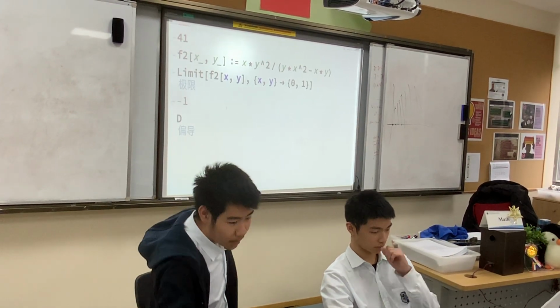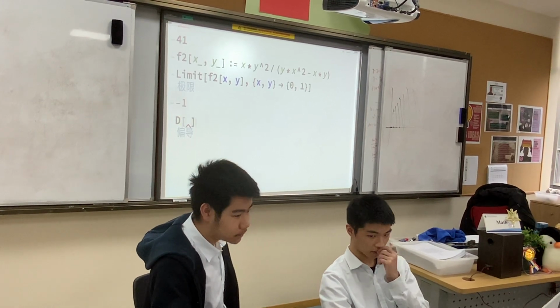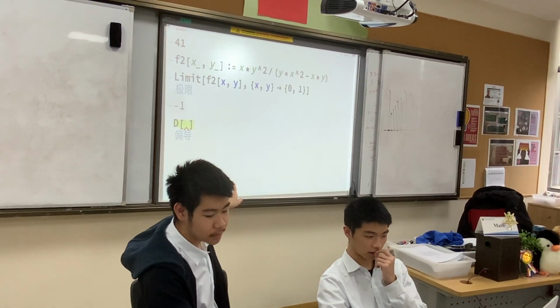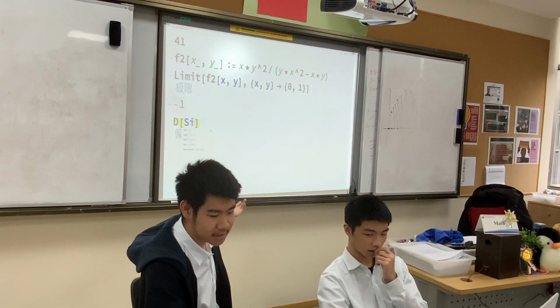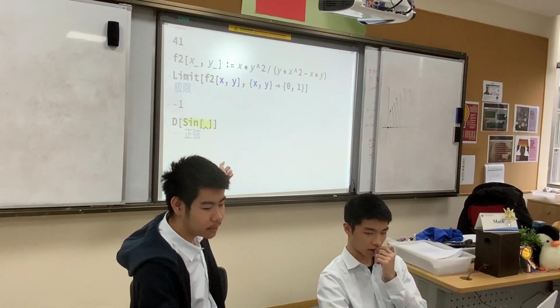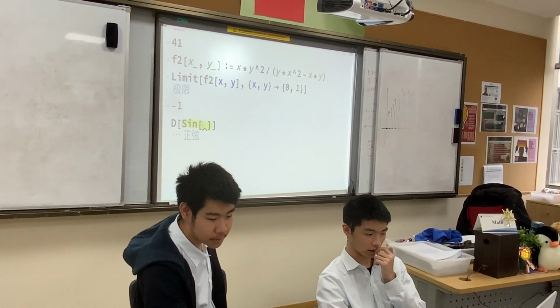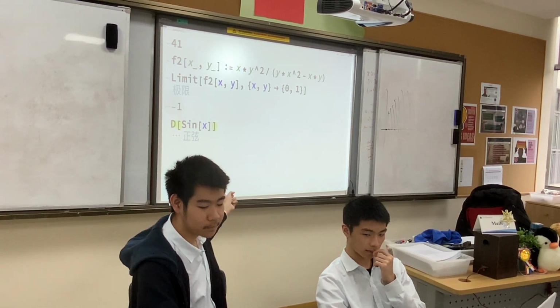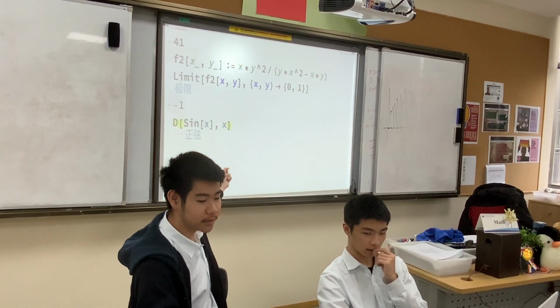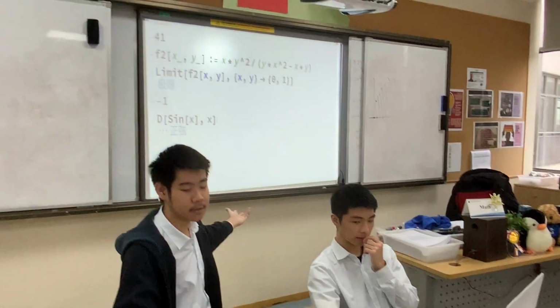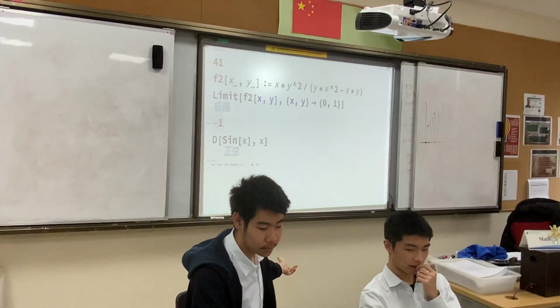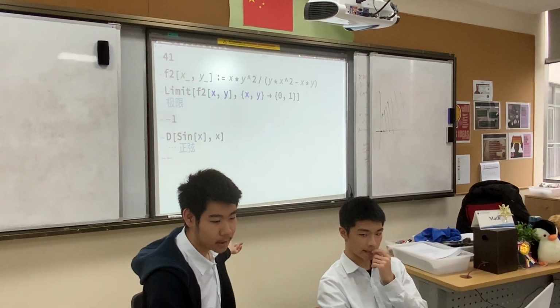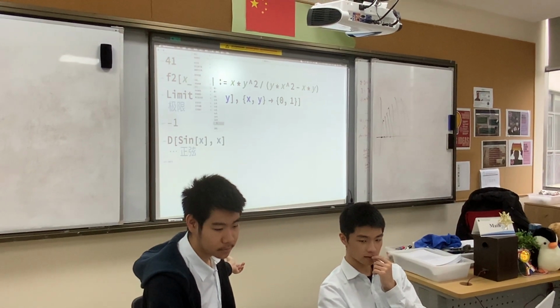So no matter what degree this function is, you always have this. For example, let's have a simple function, sine of x. Remember, a command, the first letter must be capitalized, Sin of x. We're finding the derivative with respect to x. We all know the answer will be cosine of x, so let's run it. It gives you cosine of x.